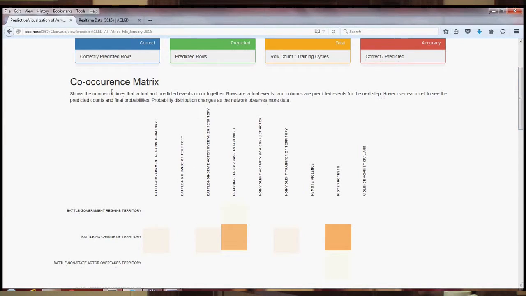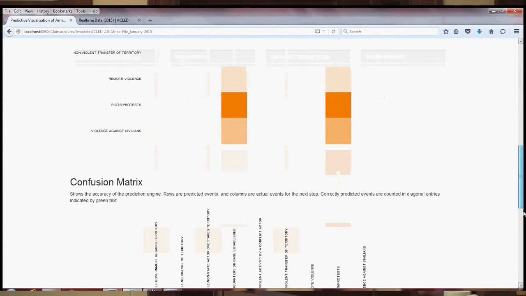Now this co-occurrence matrix tells us what the network is predicting, but we also want to have some idea of the accuracy, and that's what this confusion matrix is for. And here the rows are the predicted events and the columns are the actual events.